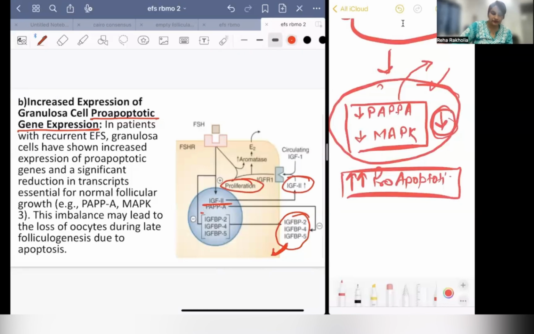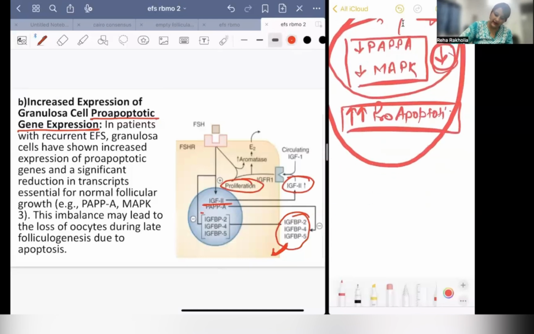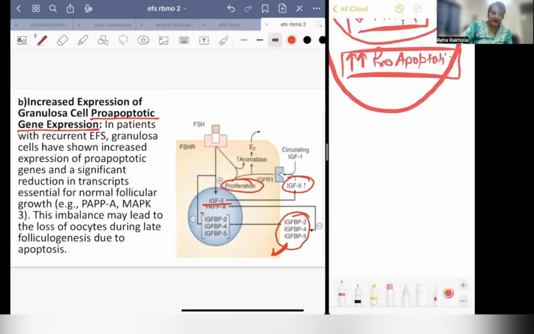Okay. If this condition happens, a decrease in PAPP-A and MAPK and an increase in pro-apoptotic gene, there will be apoptosis during late folliculogenesis. This will lead to loss of oocyte during late follicle due to apoptosis.